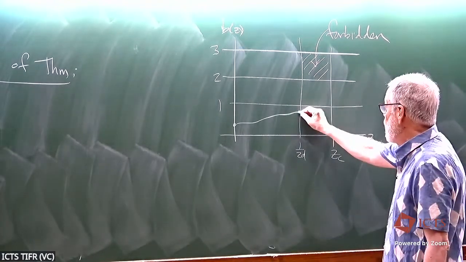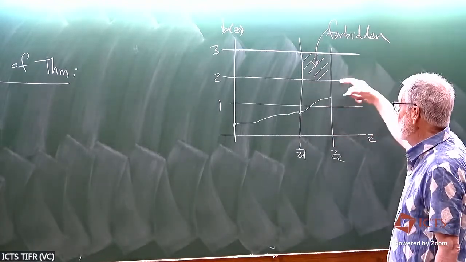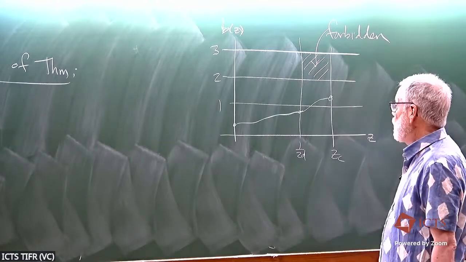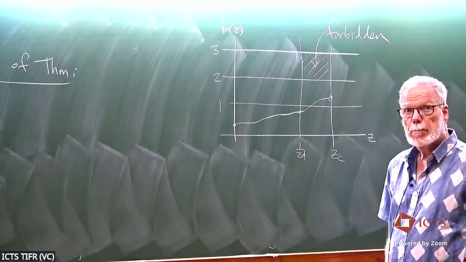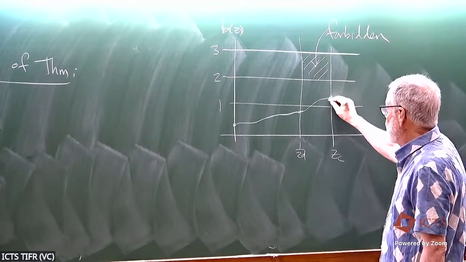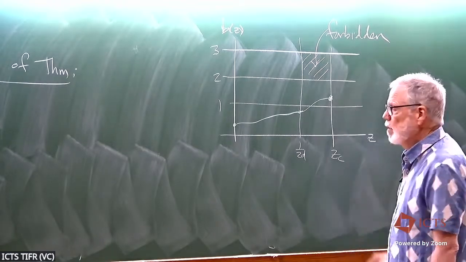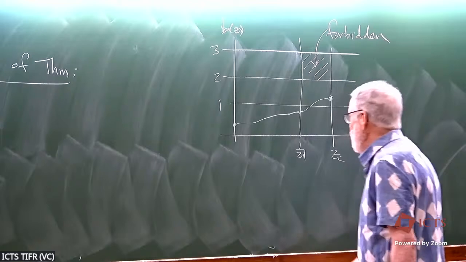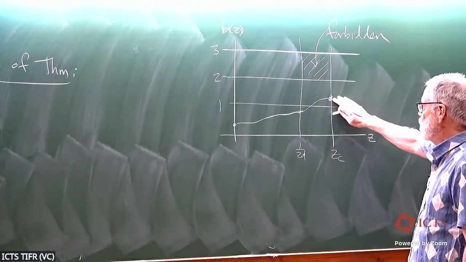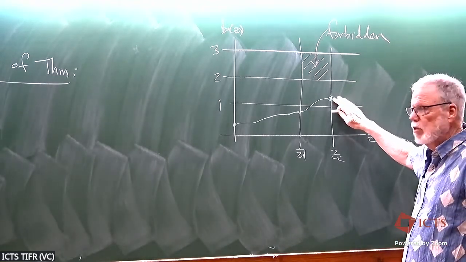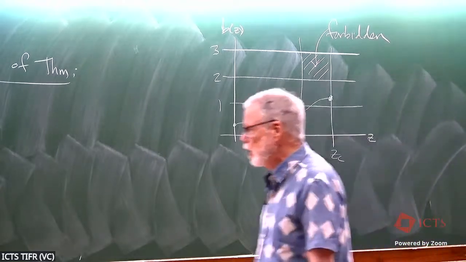So its only other option is to stay below this line. And at this point, you can argue in various ways, but monotone convergence is going to be sufficient.